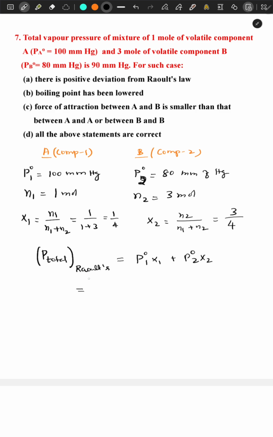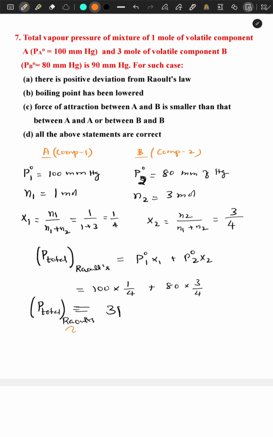If you substitute the values, 100 into 1 by 4 plus 80 into 3 by 4. Finally, the vapor pressure of the mixture calculated by Raoult's law will be 31.